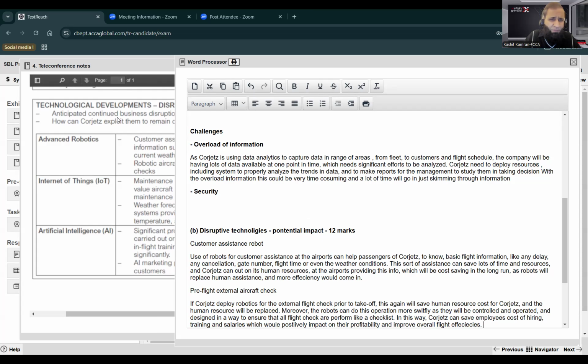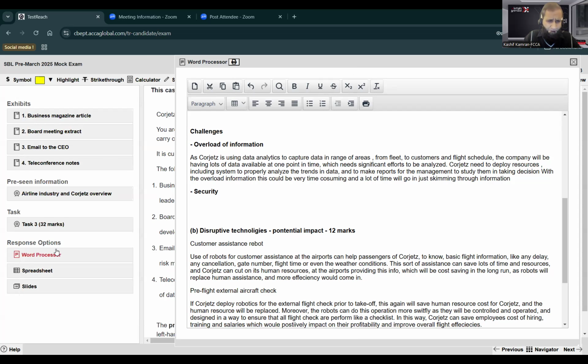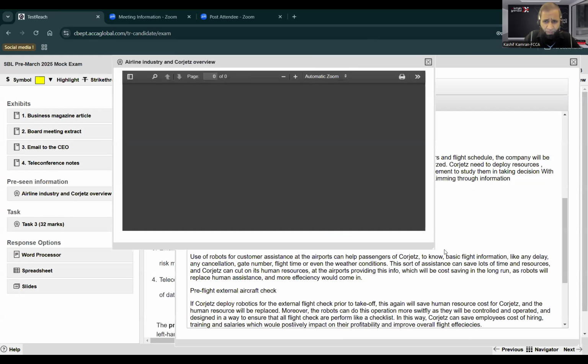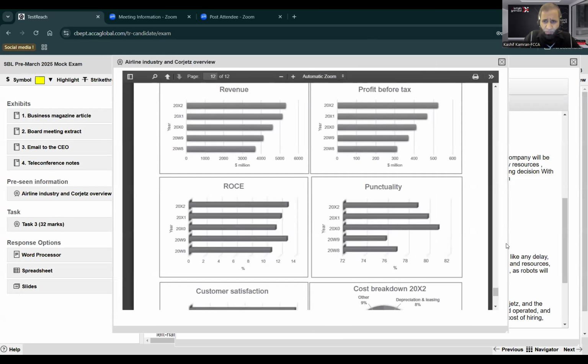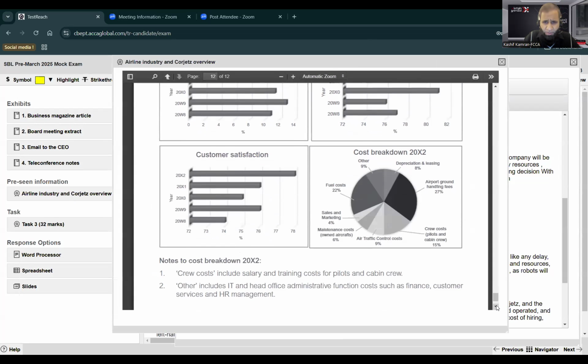I think there's one piece of information in the pre-seen which I perhaps can use here. If I can go down and look at the pre-seen information, we have been given the breakup of the cost.